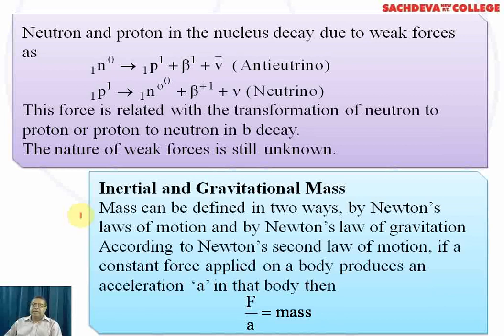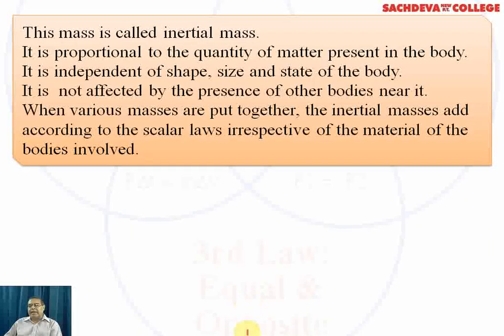Now, inertial and gravitational mass can be defined in two ways. Mass is the quantity of matter contained by a body. By Newton's laws of motion and Newton's law of gravitation, according to Newton's second law of motion, if a constant force is applied on a body, it produces an acceleration a in that body. So mass can be calculated by the formula F over a.